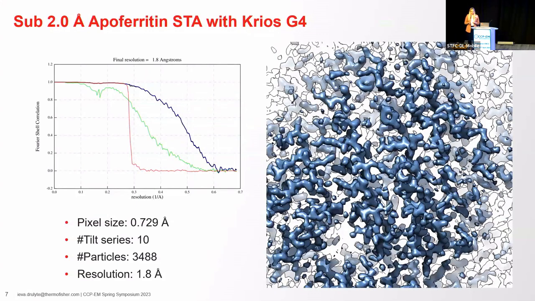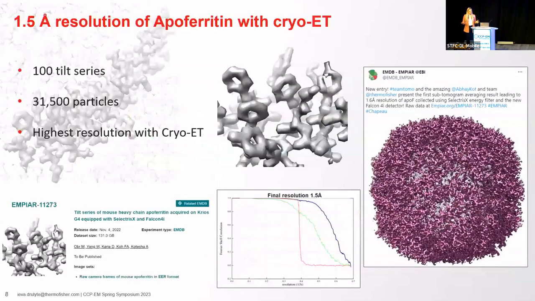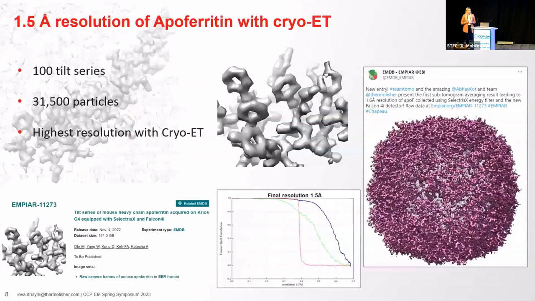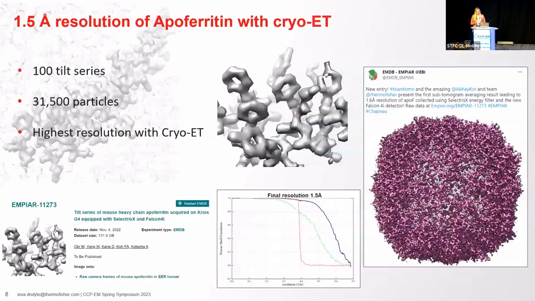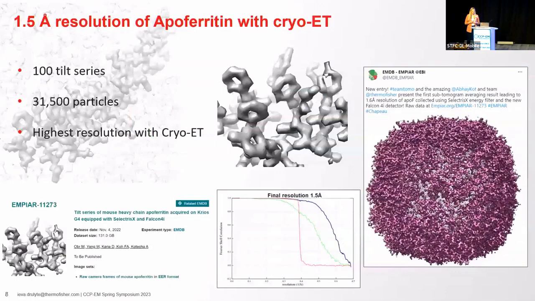The answer to this question was just 10 tilt series, which take only between 1 and 2 hours to acquire, and that led to this 1.8 angstrom map. And then when we expanded this data set to 100 tilt series with 31,000 particles, that allowed us to obtain this 1.5 angstrom apoferritin map.